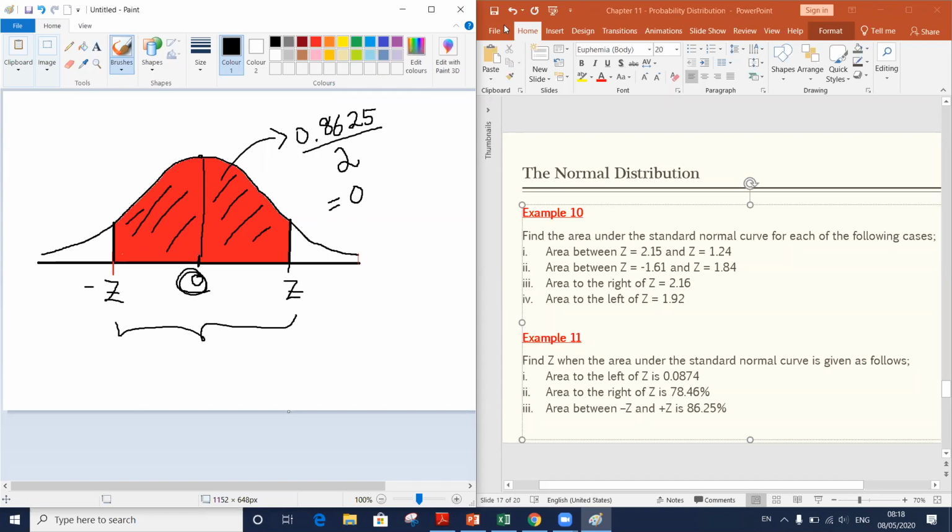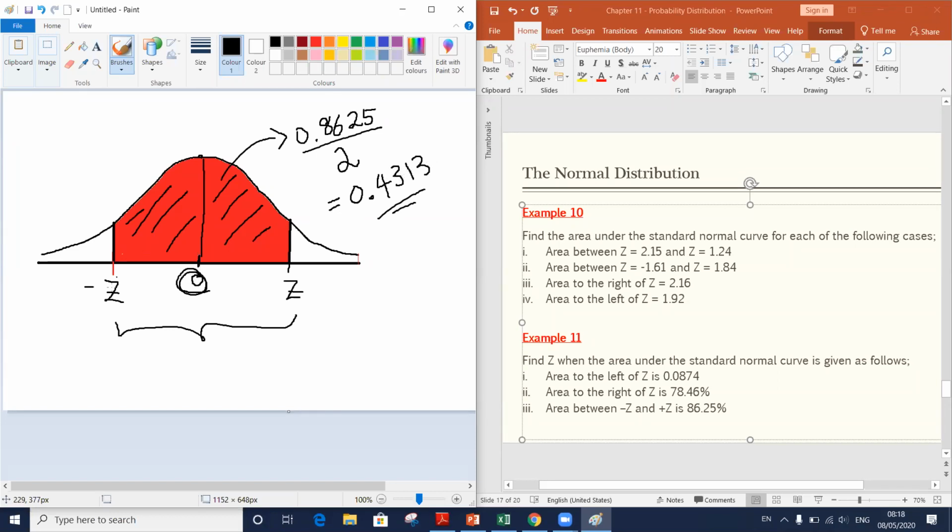0.8625 divided by 2 is 0.43125, which we will take as 0.4313. From point 0 to plus z, the probability value is 0.43125.